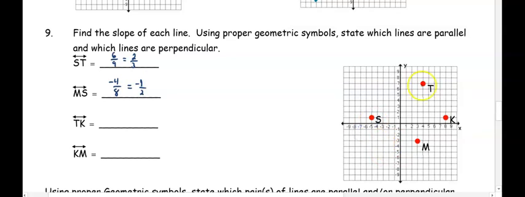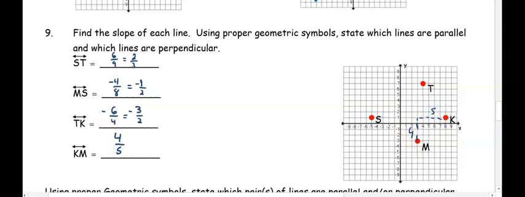For TK, we would go down and over. So we went down 6 and over 4. So we have 6 over 4, which reduces to negative 3 over 2. And our last slope then is KM. And for KM, we went up 4 and over 5.